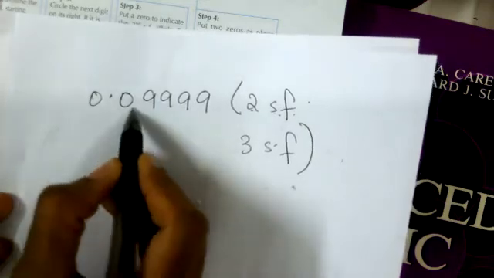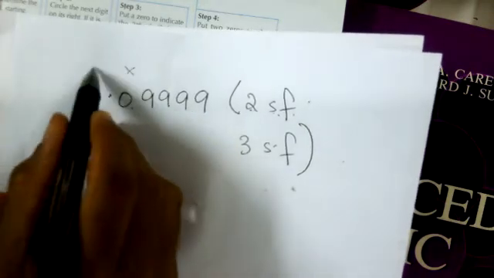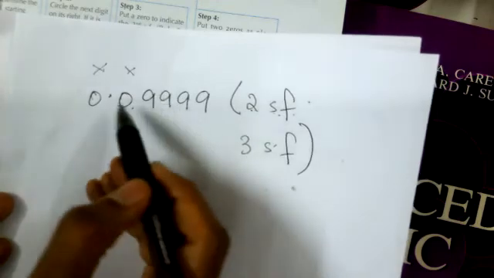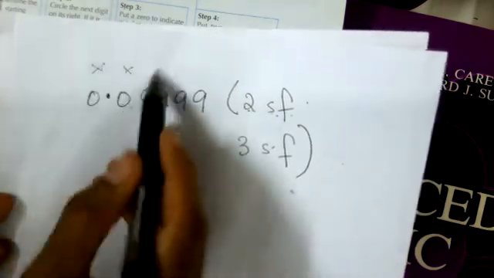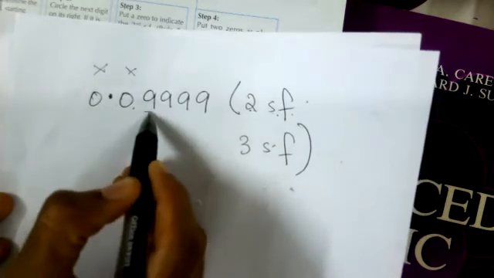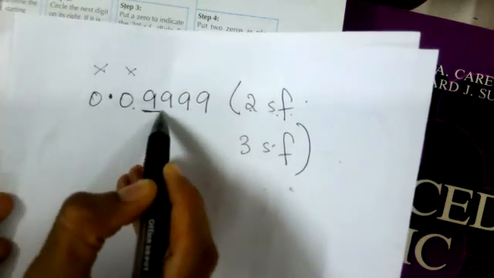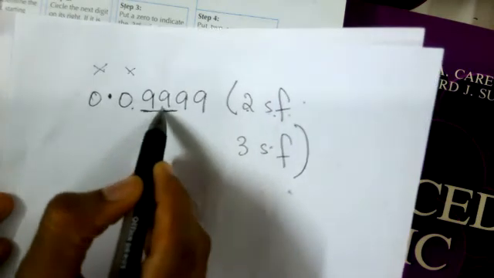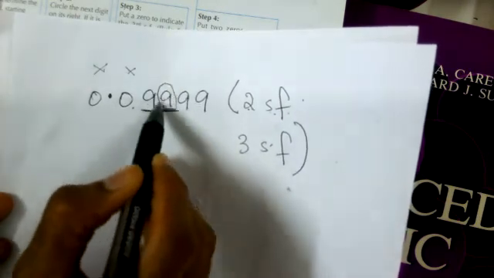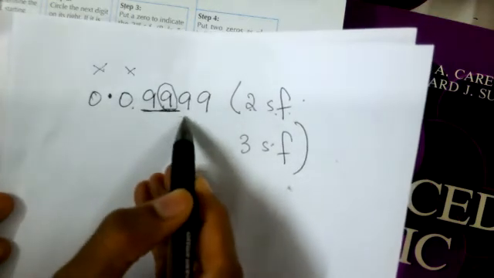We know these zeros are not significant. The zeros that come before, with the decimal or even without the decimal, are not significant. So this is the first significant digit, and this is the second significant digit. So we will underline this, or you can circle it, and then look at the digit next to it.